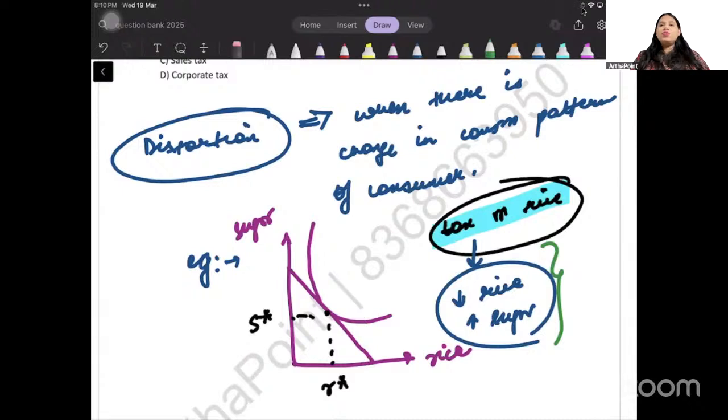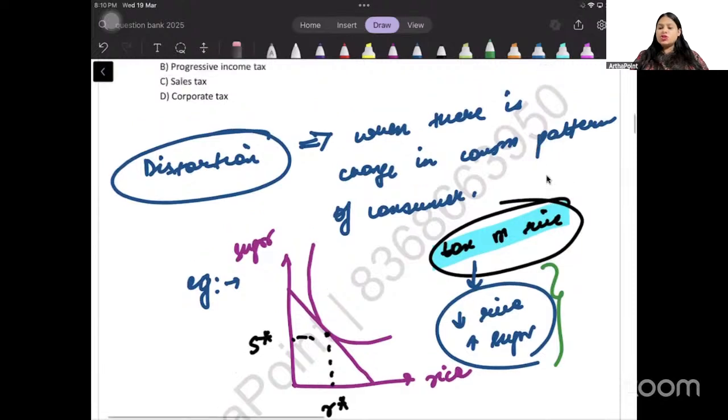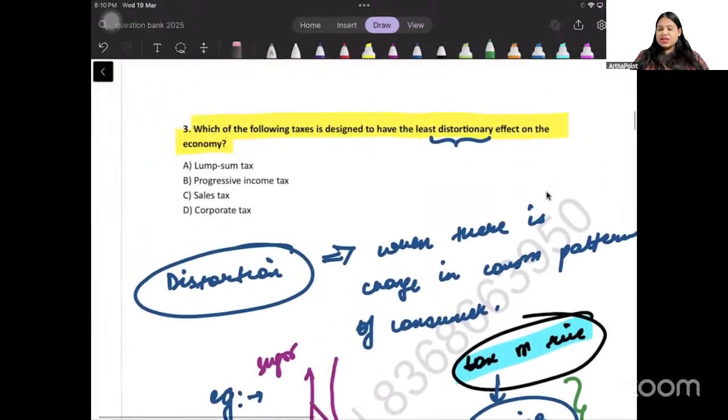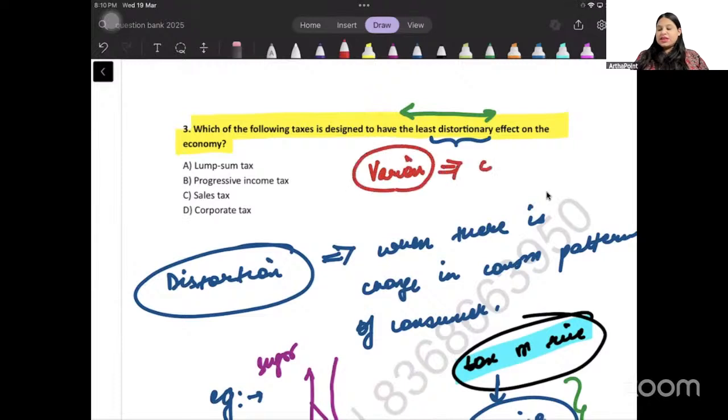अच्छा, now the question is asking that which of the tax is designed to have least distortionary effect. ऐसा कौन सा टैक्स है जिस पे डिस्टॉर्शनरी इफेक्ट मिनिमम होगा, लीस्ट होगा, राइट? सो यू नीड टू अंडरस्टैंड दैट if you refer to Varian, and I have done this case study also in your intermediate video lectures, in your micro video lectures.